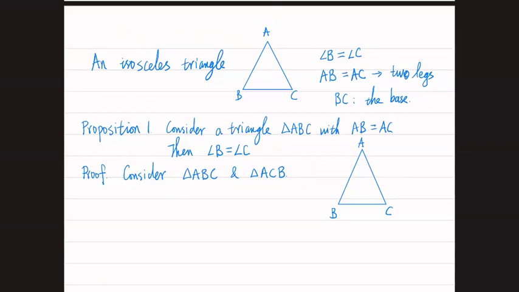So the orders are different. This one B, C, this one C, B. So the orders are different. Therefore, even though they share the same collection of vertices, one is A, B, C, but the other is A, C, B.